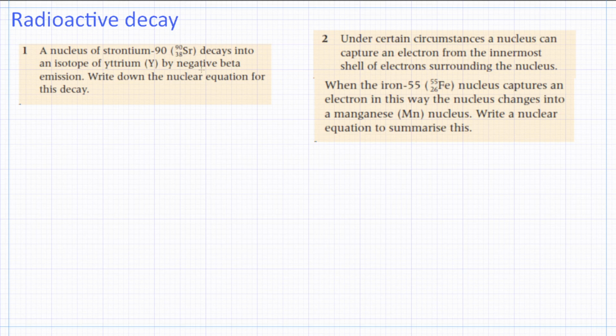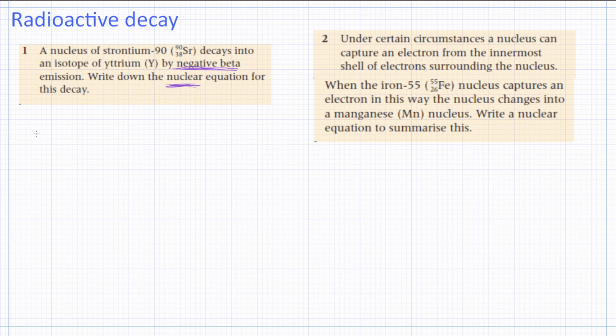So strontium-90 decays into an isotope of yttrium by negative beta emission, right? Write down the nuclear equation for this decay. I'll repeat this again, but you can always pause the video and try it yourself before you move forward, okay? So write the decay equation, the nuclear equation.